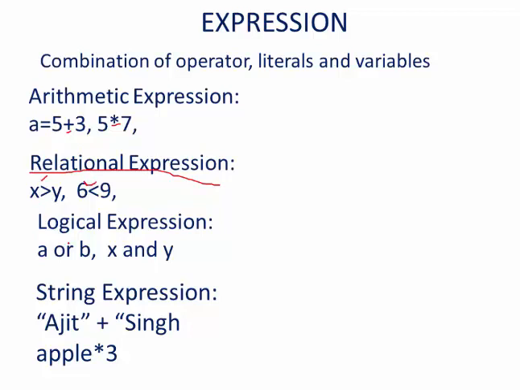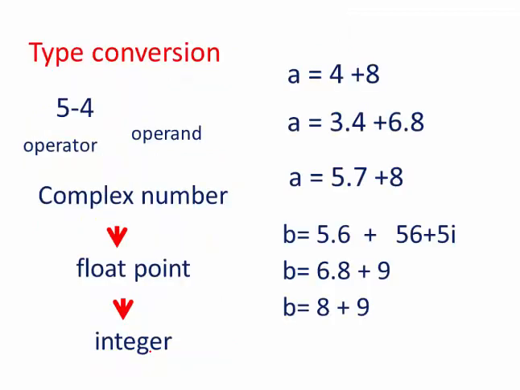A logical expression has logical operators. And a string expression is where strings are manipulated. Here Ajit plus Singh will give Ajit Singh, and apple into 3 will print apple three times. So these are the different types of expressions.